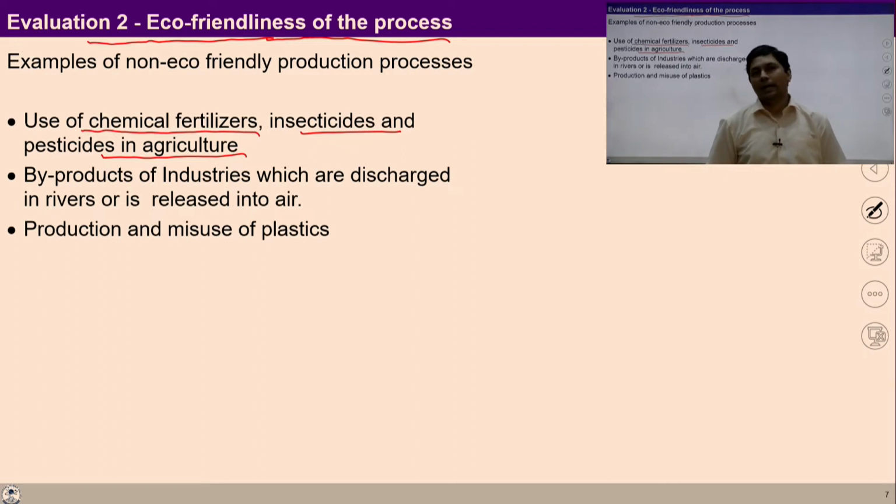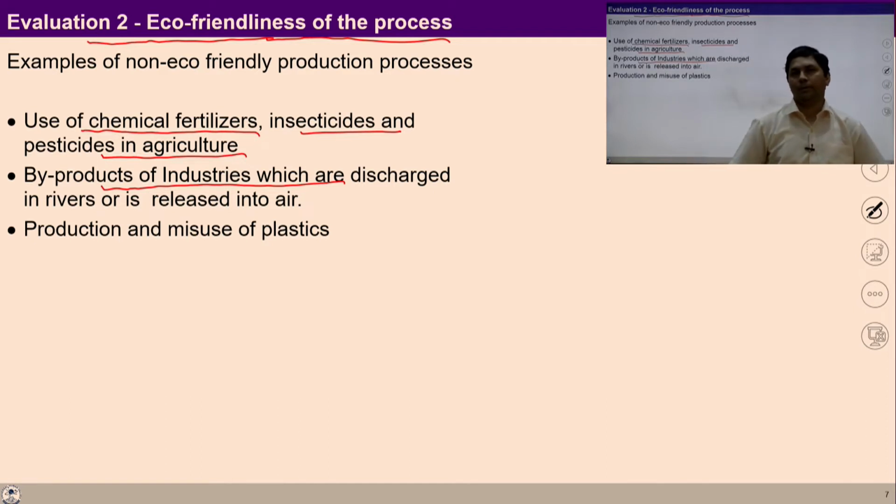If they are not eco-friendly, then ultimately they will harm the ecosystem. Similarly, there are many byproducts of industries which are discharged in rivers or released into the air, and ultimately harm the body of human beings, harm the body of animals, disturbing the whole ecosystems.